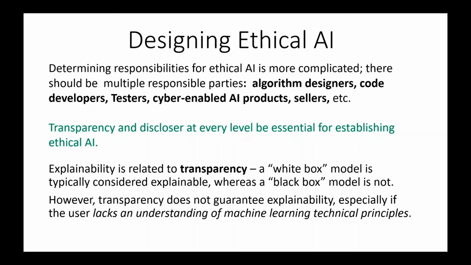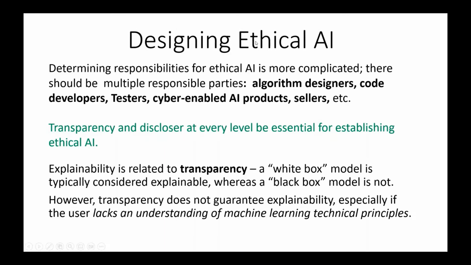So to remove bias, one of the important things is designing ethical AI. Determining responsibilities for ethical AI is more complicated. There should be multiple responsible parties: whoever is developing the algorithm, designing it, code developers, testers, cyber, when it connects to the cyber, so cyber-enabled AI products, and the people who will be selling to the end user.